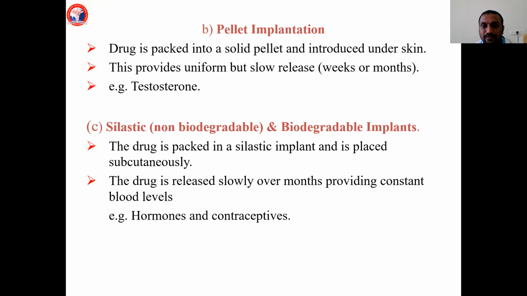This provides a uniform but slow release of drug over weeks or a month, for example testosterone. The third form is silastic, non-biodegradable or biodegradable implants, where the drug is placed in a silastic implant and placed subcutaneously. Here, the drug is released at a slower pace over months and provides constant blood levels, for example in the case of hormones and contraceptives.